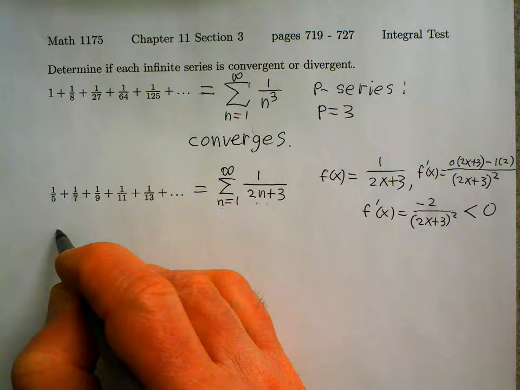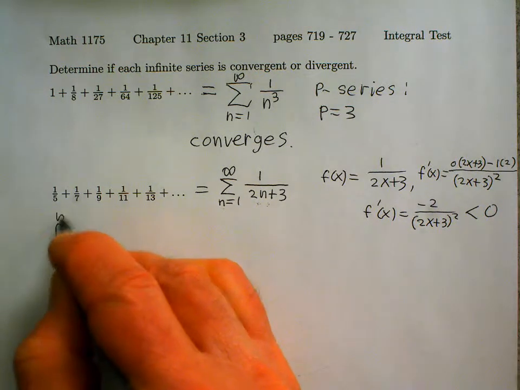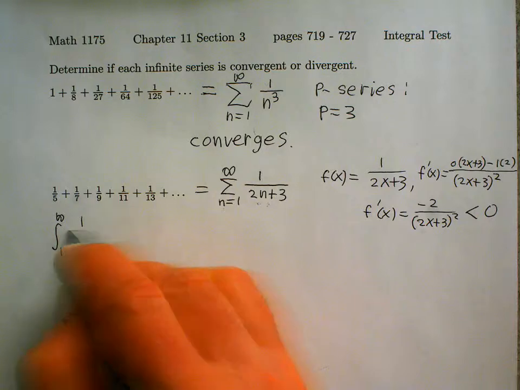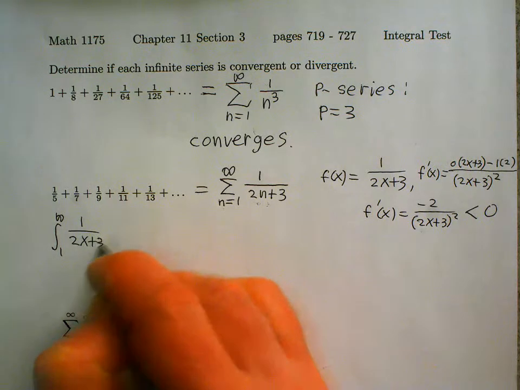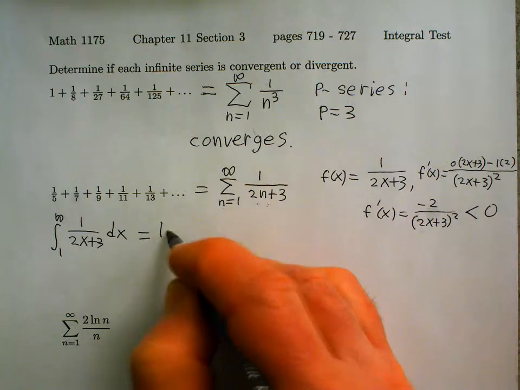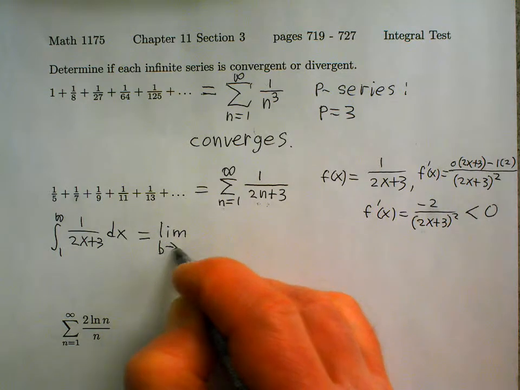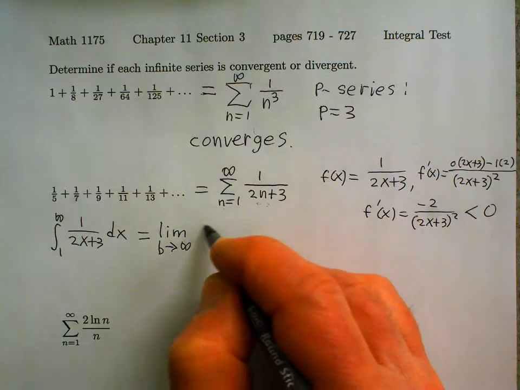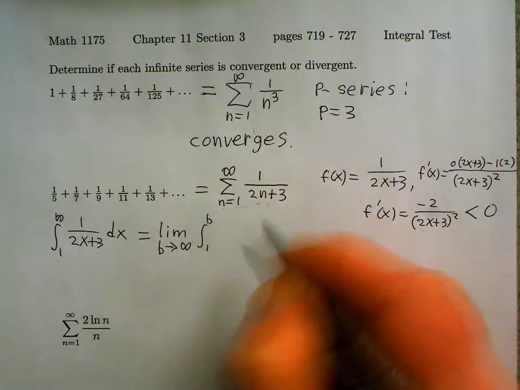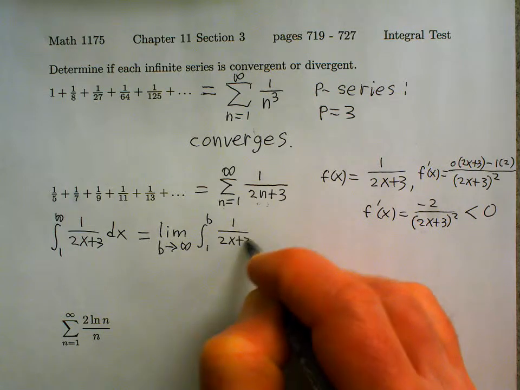So with the integral test, we compute the improper integral from 1 to infinity of 1 over 2x plus 3 dx. So we write this as the limit as b approaches infinity of the integral from 1 to b of 1 over 2x plus 3 dx.